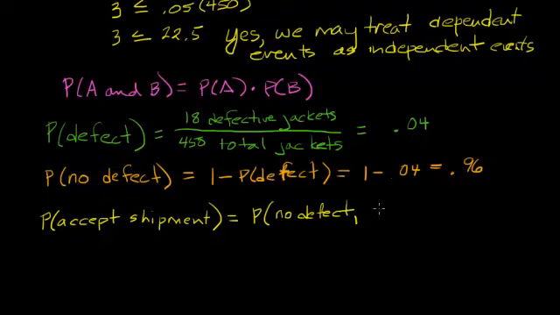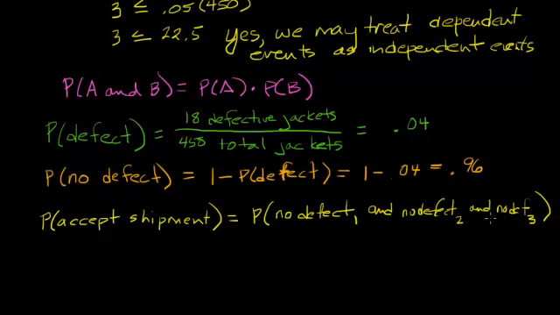I'll use a little subscript 1, first jacket, and no defect for the second, and, see if I can squeeze this in here, no defect, I'm going to abbreviate, for the third. Okay? First one no defect, and second one no defect, and third one no defect.